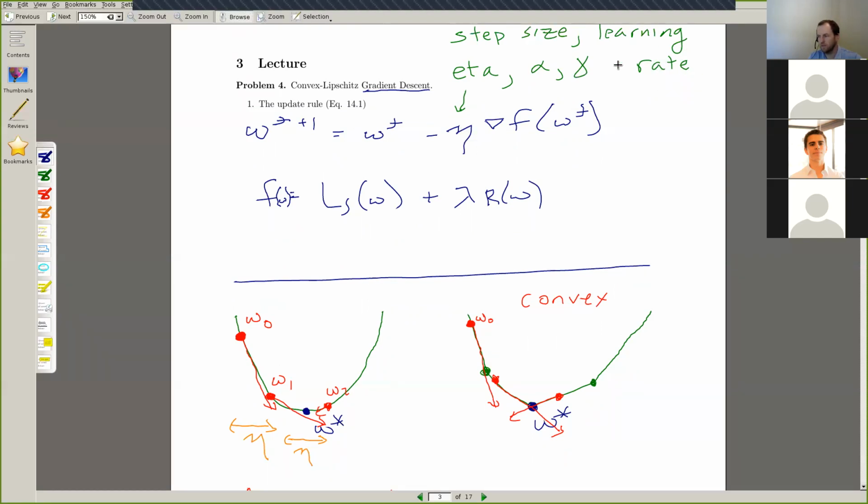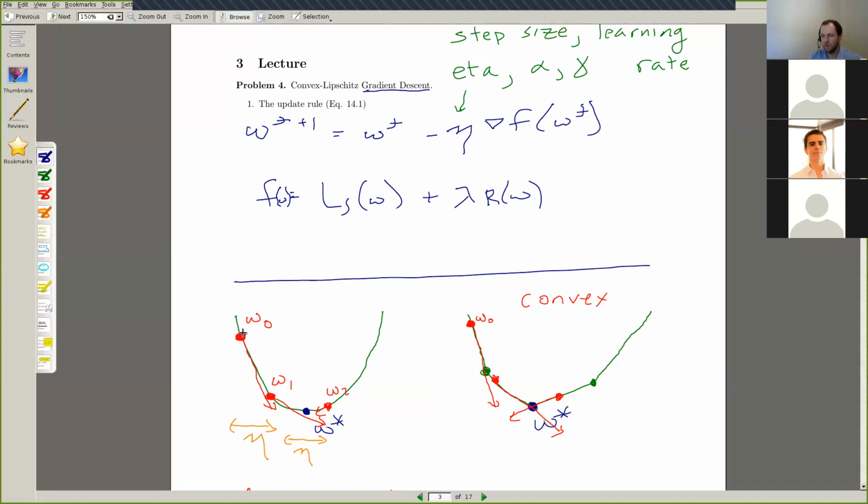One thing you may be referring to with this step size is that the actual distance between, say, W0 and W1 down here is a function of both this eta value and the magnitude of the gradient right here. So the actual distance that we're going to step, say from one point to the next, is this value times the magnitude of this.